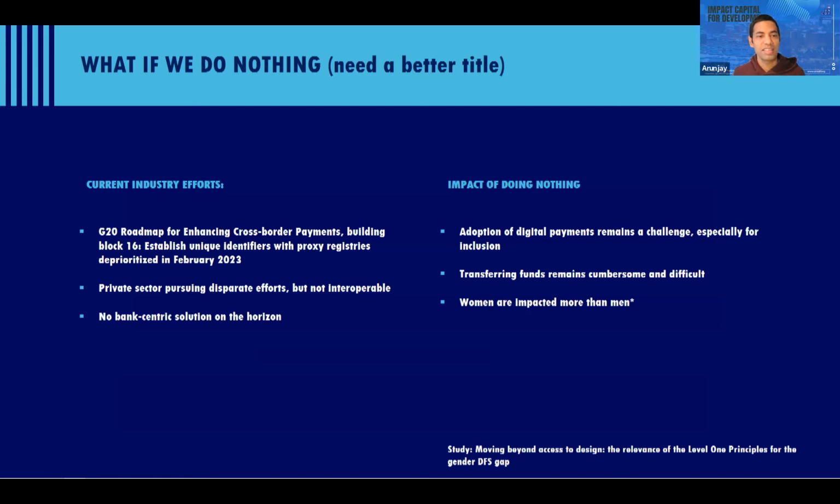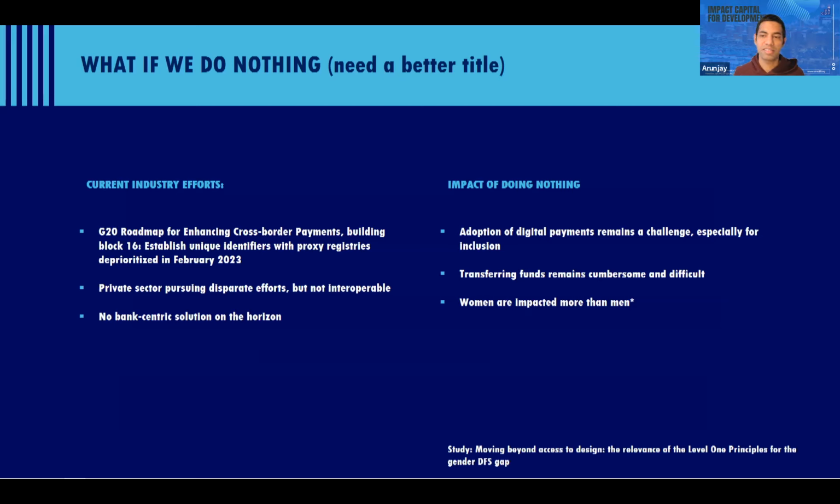So that's one. The second is that the private sector are pursuing disparate efforts, but mostly not interoperable. And the third is that there's no bank-centric solution on the horizon. So current industry efforts are falling short, and the impact of doing nothing is that the adoption of digital payments remains a challenge, especially for inclusion.